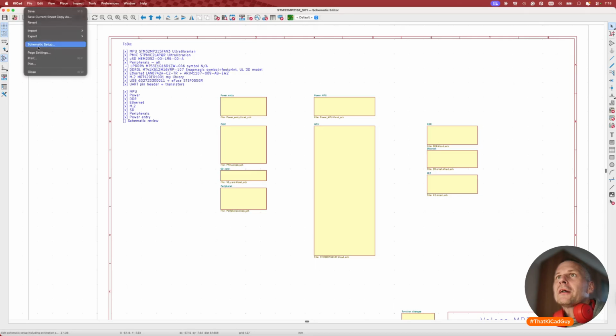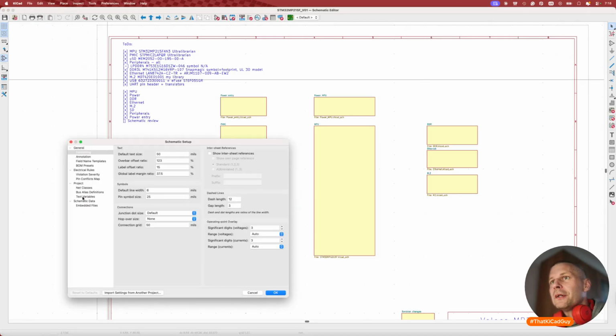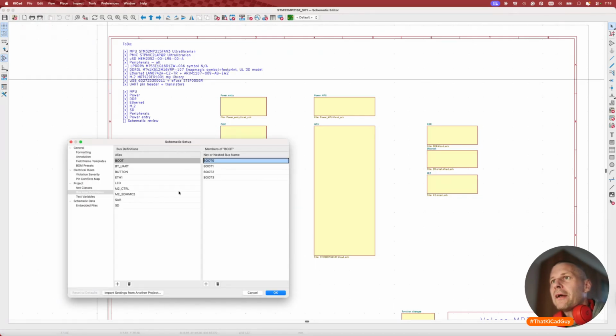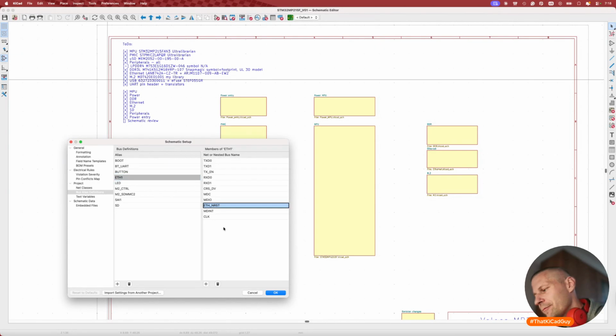if you check the schematic setup, here is the bus alias definition. Boot 0 to 3 is okay, but for instance here, the Ethernet, there is Ethernet reset. I think I renamed the signal last time, but ideally I would start each member label name with ETH1.